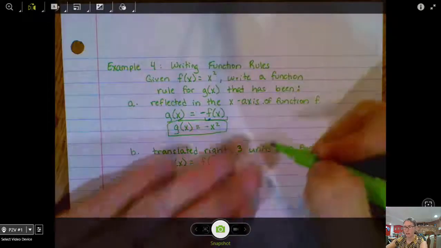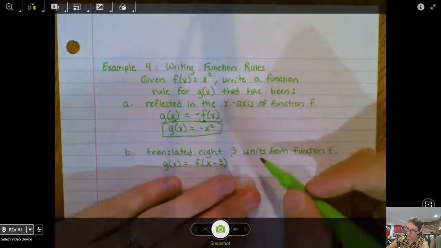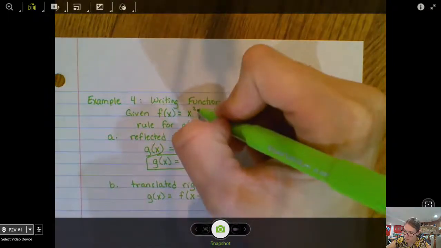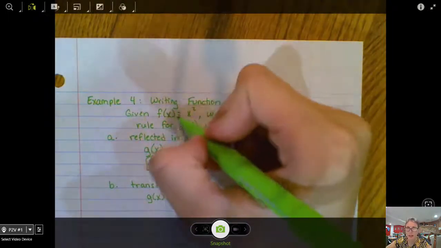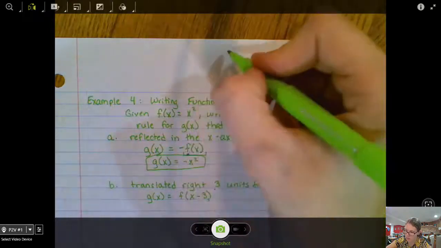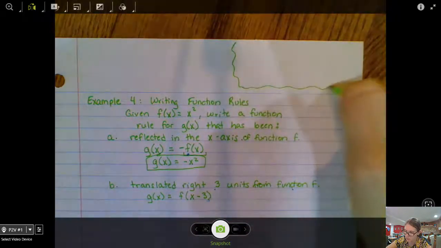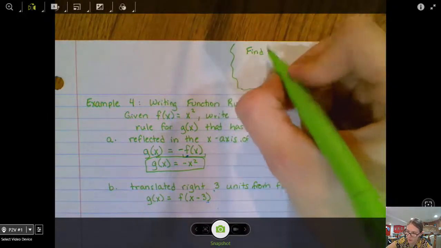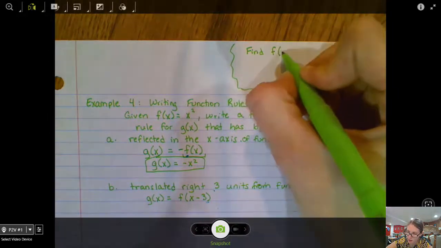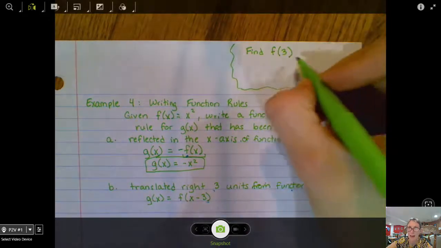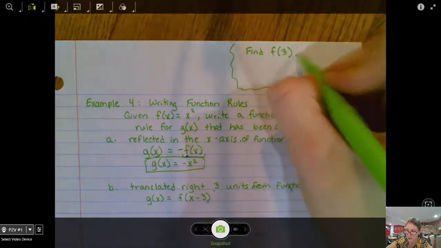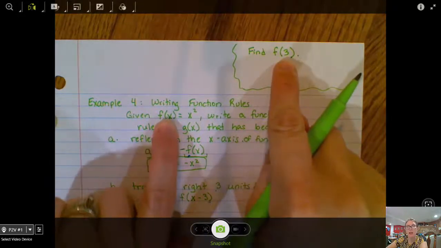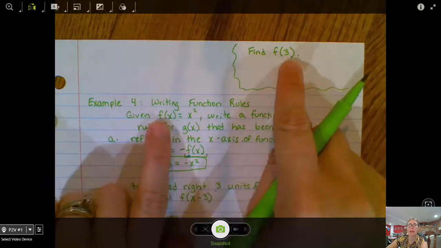So let's come up to the side for a second. Using this, f of x is x squared. Let's go through real quick, recap how to find f of 3. What does this mean? Well, look at where this 3 is in relation to the x. F of 3, f of x.